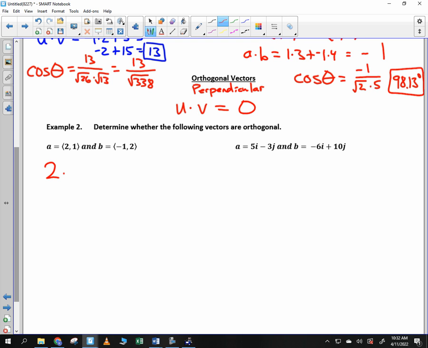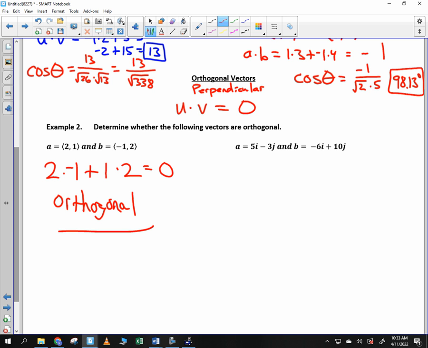So let's determine if these vectors are orthogonal. I take 2 times -1, and I add that to 1 times 2. What do you get? They are orthogonal. Maybe you remember the orthocenter from geometry.